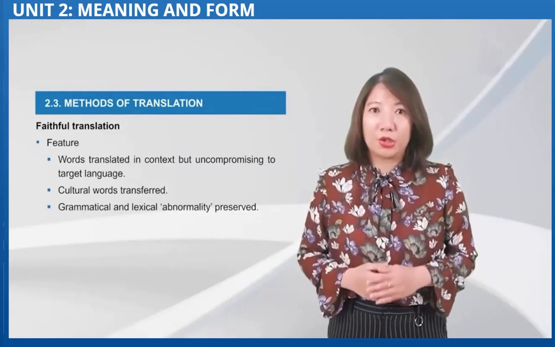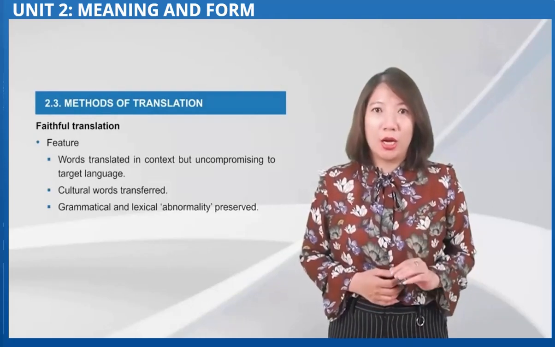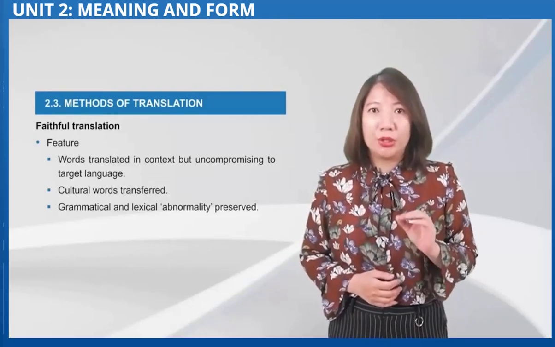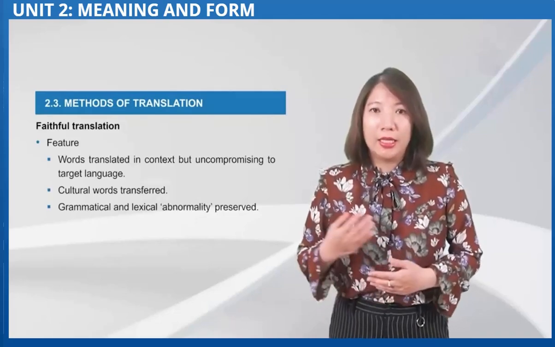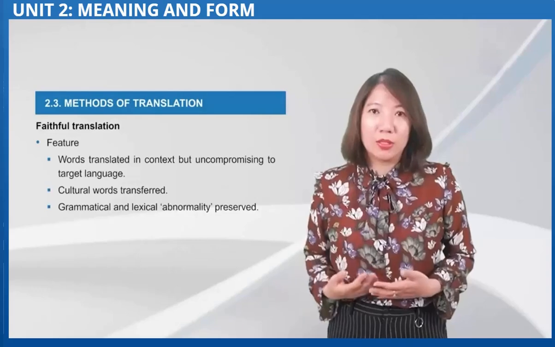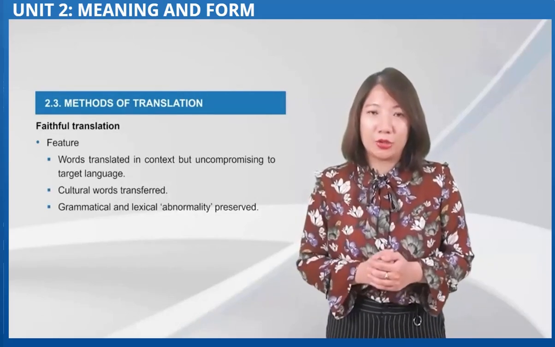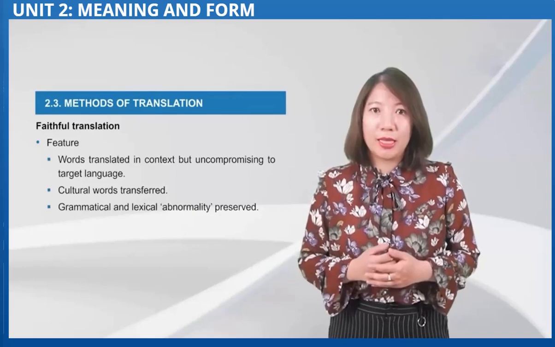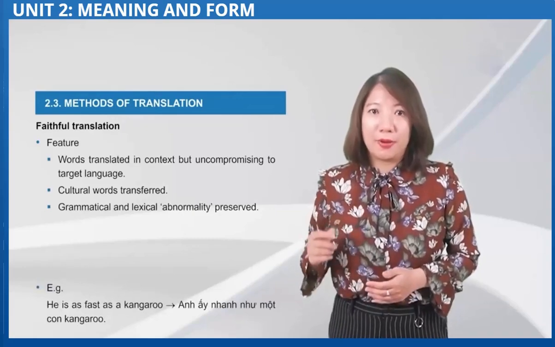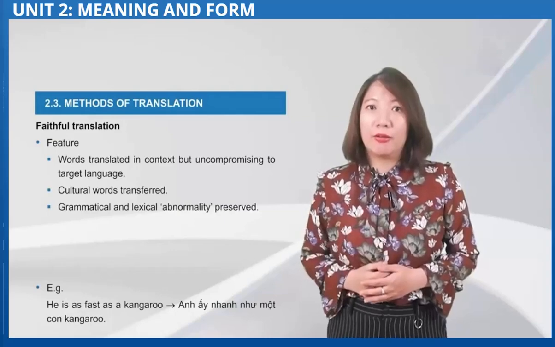So if the translator finds that there is a word or a structure which is of importance to the text in terms of the style, he may choose to preserve it in the translation. For example, he is as fast as a kangaroo. Anh ấy nhanh như một con kangaroo.